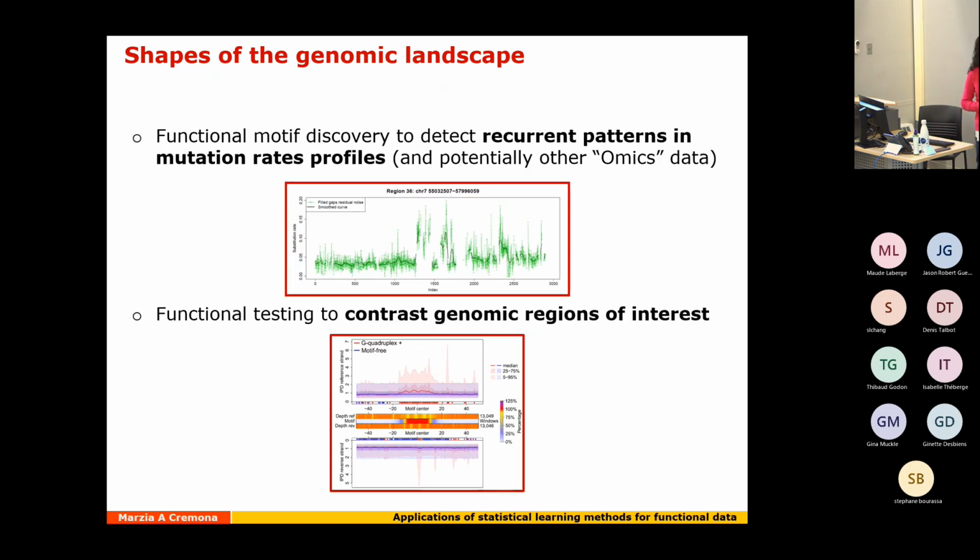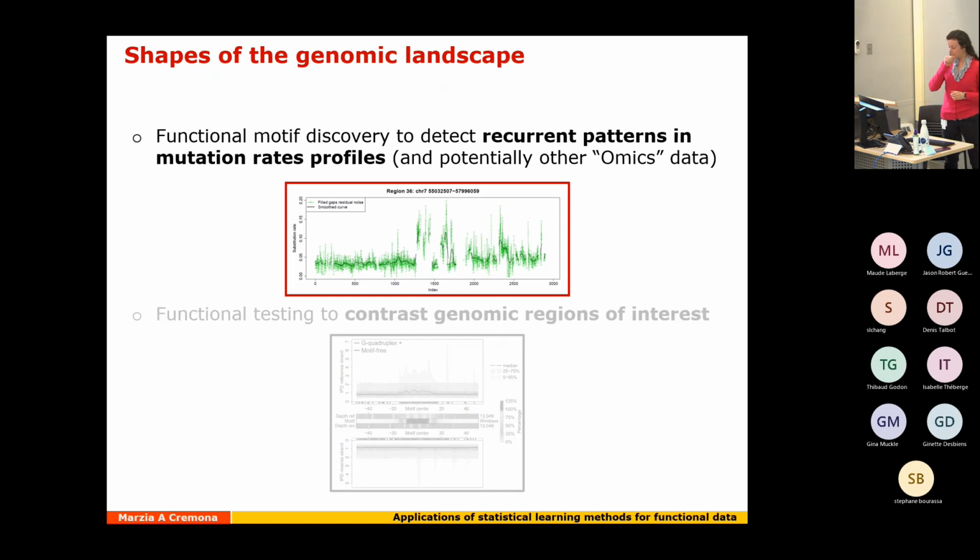So I'm going to give you one example in a second. The first example I'm going to talk about is the study of patterns in mutation rate profiles. From the point of view of the methodology, here we use the functional motif discovery method.